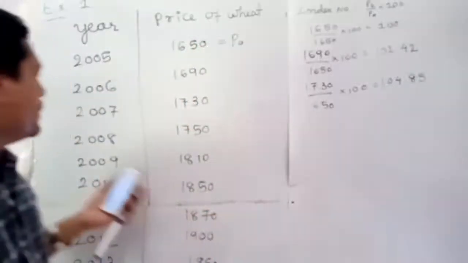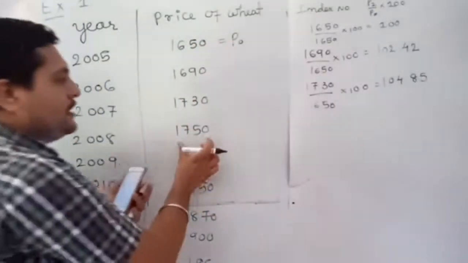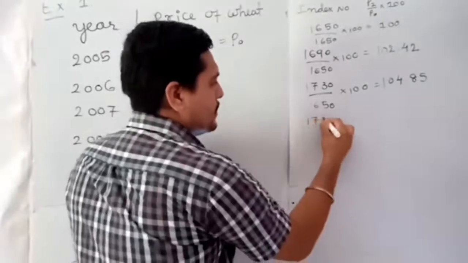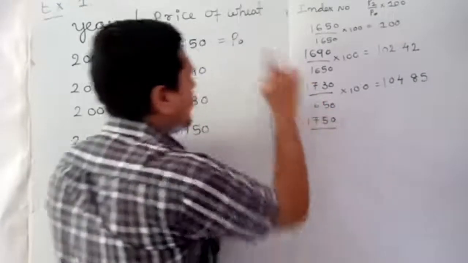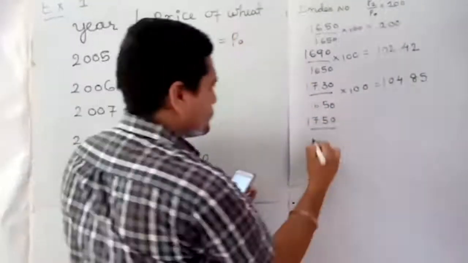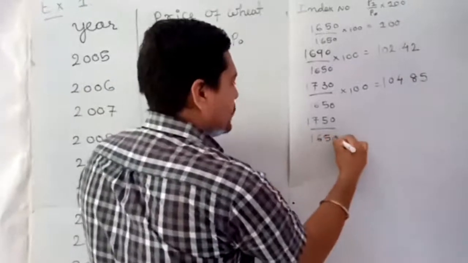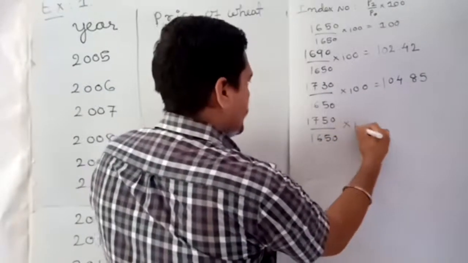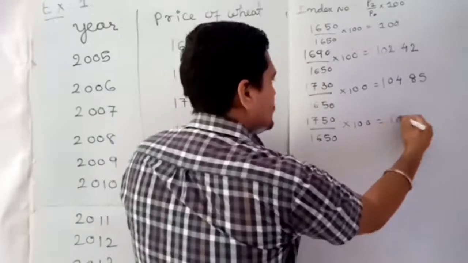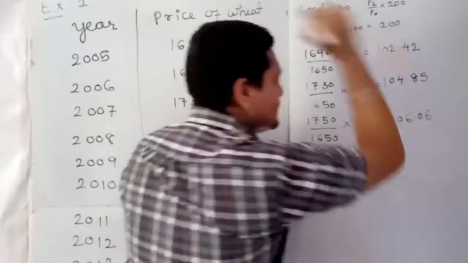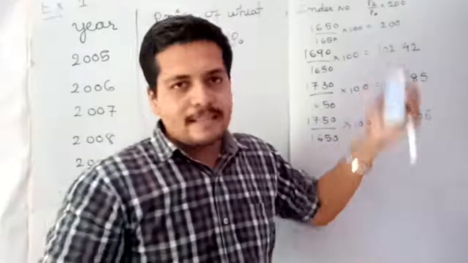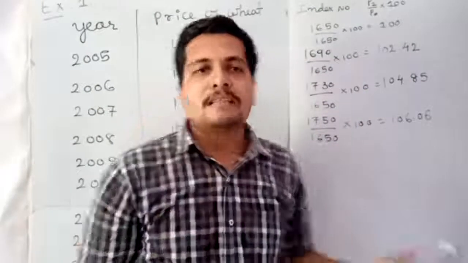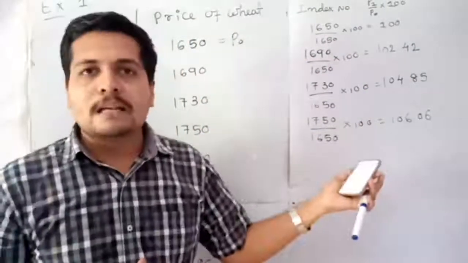After that, for year 2008, 1750 divided by P0, which is the same 1650, into 100, so the answer is 106.06. In the textbook you have all these answers, and you also get these answers on your personal calculator.